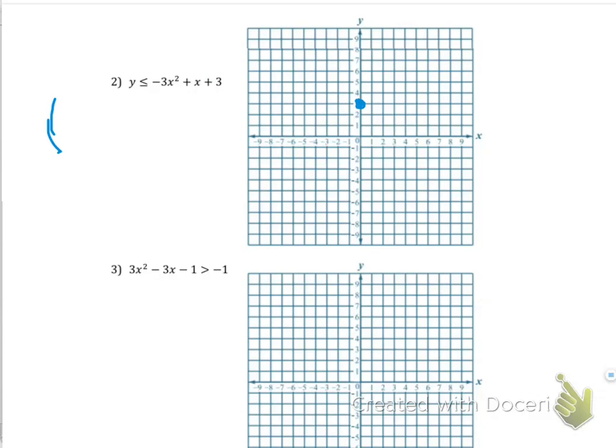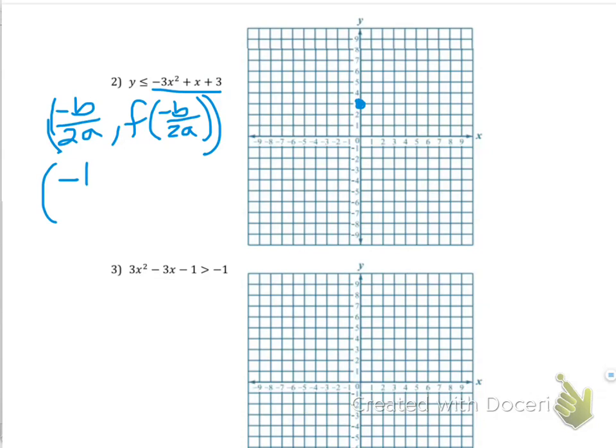So remember, our vertex, if it's in standard form, is negative b over 2a, comma, f of whatever that was, right? F of negative b over 2a. So negative b is negative 1 all over 2 times negative 3. And then we want to calculate f of, okay, so then I have negative 1 over negative 6.